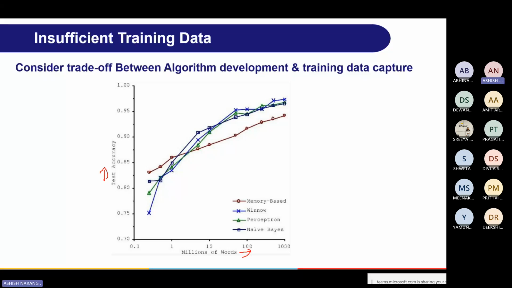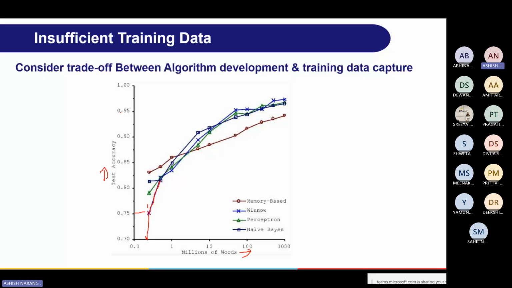If you see the curve, whenever there is smaller data, the accuracy is also small. The moment you increase the data, accuracy is also increasing, and as you keep on increasing it, the accuracy keeps on increasing. When you have got 1,000 million words, the accuracy has almost touched 95% for all the models.